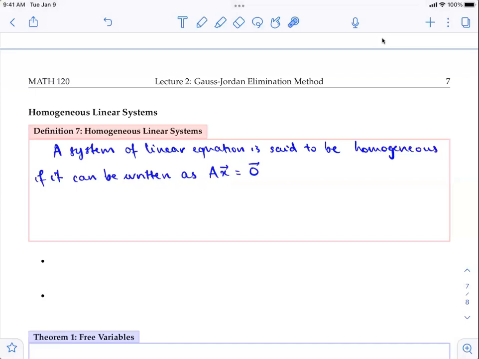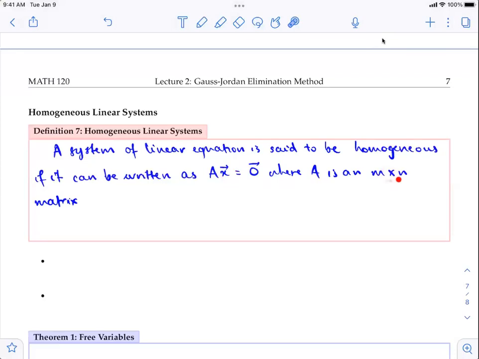So if you have a system of linear equations, and it can be written in this form, Ax equal to 0 vector, then you say that the system is homogeneous, where A is an m by n matrix.